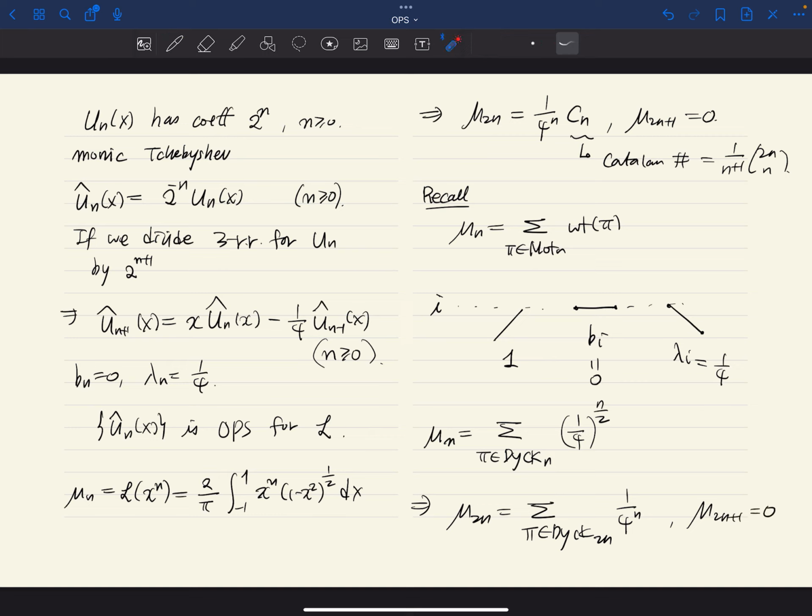But what is the number of Dyck paths of length 2n? That's the Catalan number. So this is how we can prove this immediately. We didn't do any integration here. Using only combinatorics, we can prove this directly.